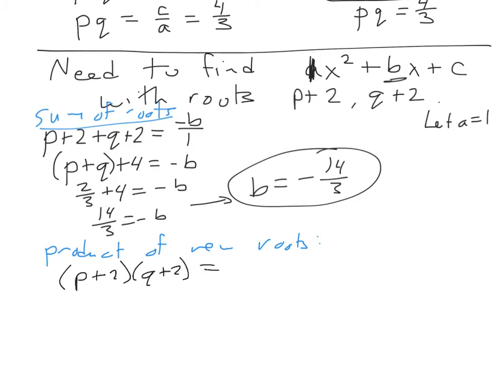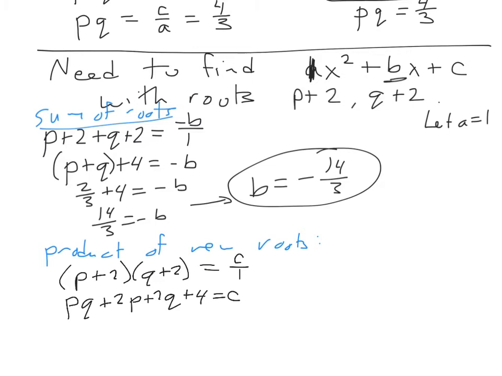And I know that that's supposed to be equal to c over a, but my a was 1, so that's easy. Foiling out the left side, pq plus 2p plus 2q plus 4 has to equal c.